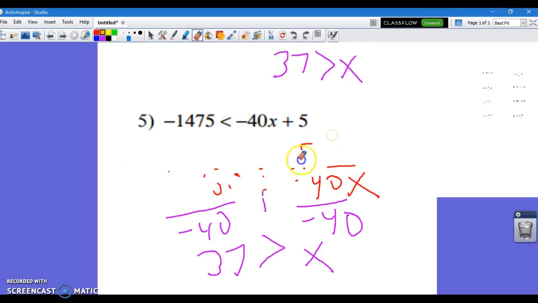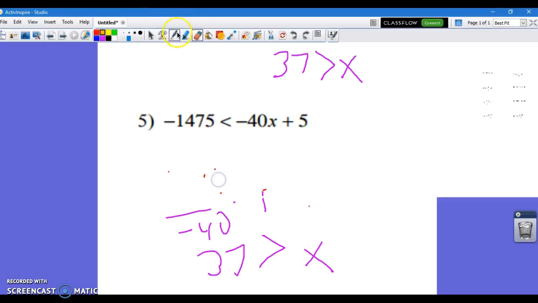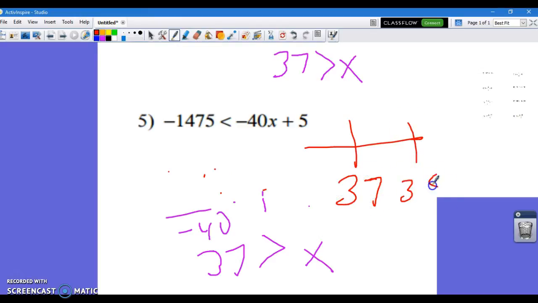Let's go ahead and do a number line. I have 37 here. These are positives, so this side is going to be 38, and this side will be 36, 37, 38. Okay, circle my 37.